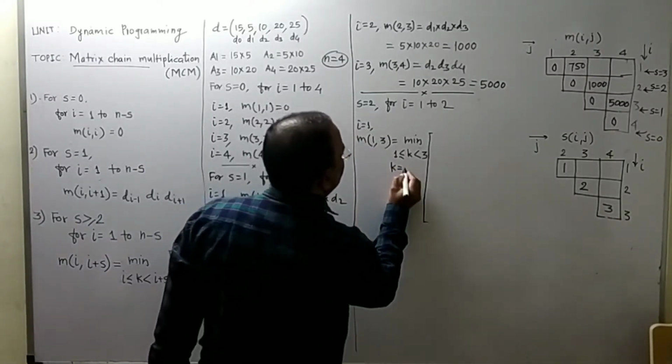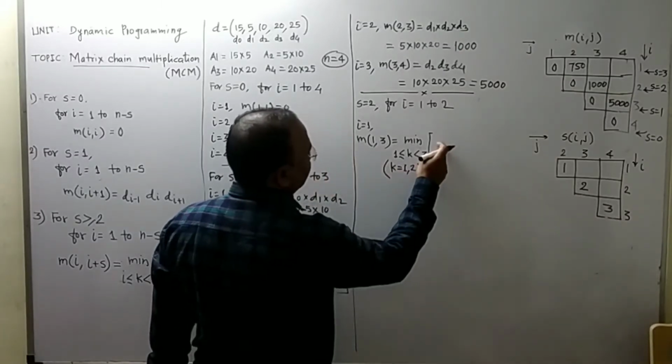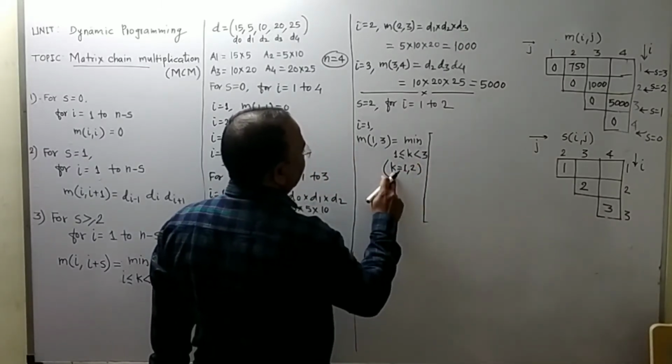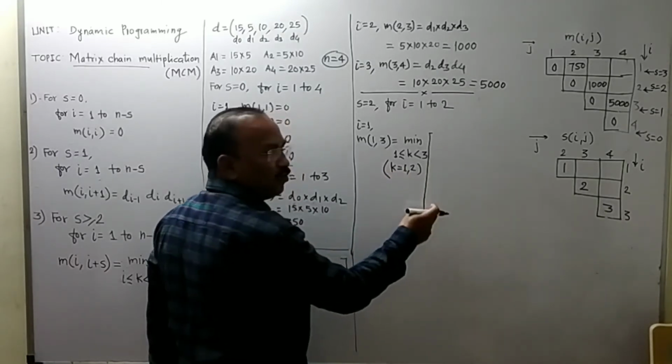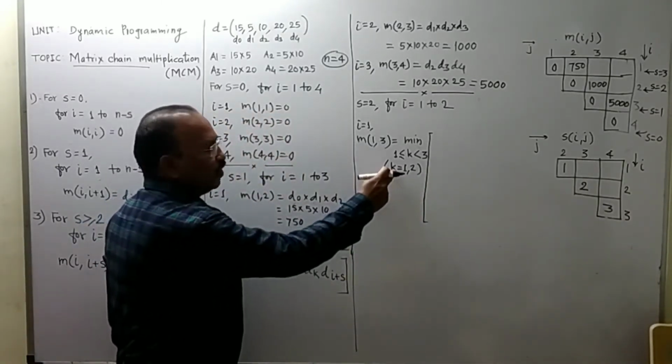K varies from 1 to 2. Means you will get two values, one for K is equal to 1 and another for K is equal to 2. First start from K is equal to 1.